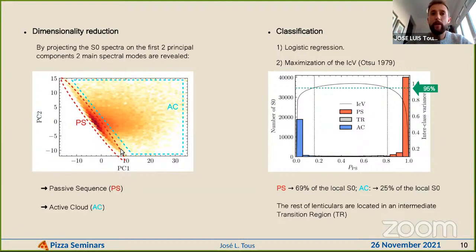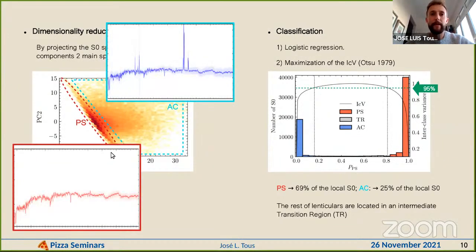One is made by all the galaxies that sit within this narrow diagonal band, which is very crowded, and another one much more scattered, made by all the data points that expand towards the right-hand side of the plot. Because the galaxies in this narrow band show passive spectra with red continuum, we name this mode the passive sequence. And because the galaxies in the other mode show strong emission lines, we name this other mode the active cloud.